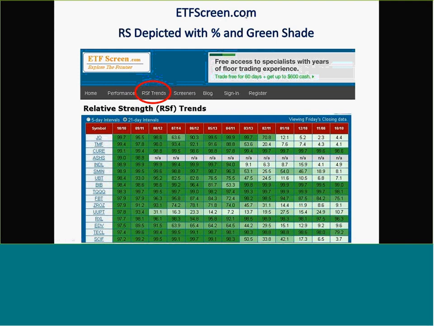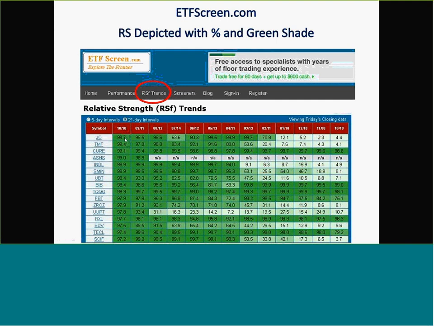And if you log on to that website and you click relative strength trends, then the various sectors will show up, and it'll show you the most recent relative strength for that market.